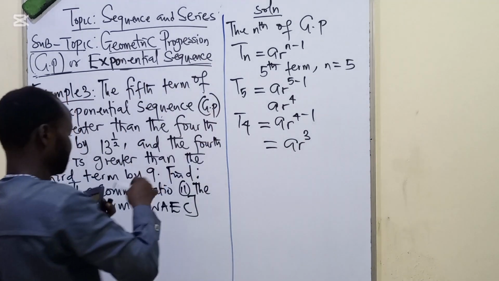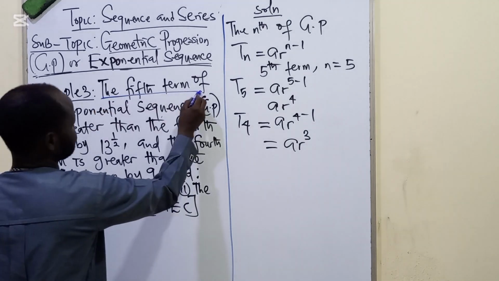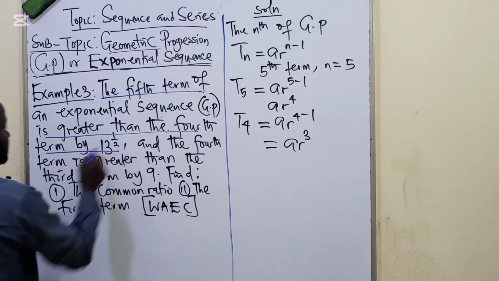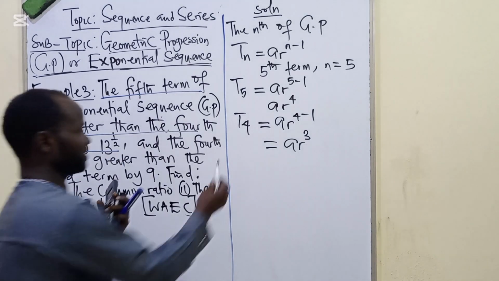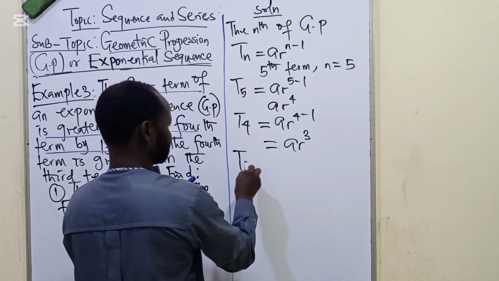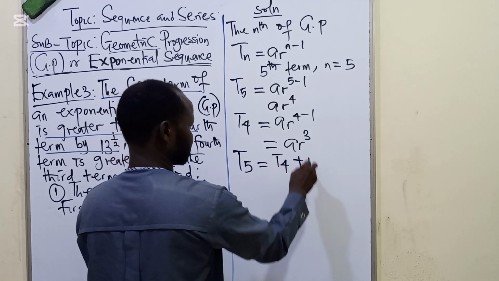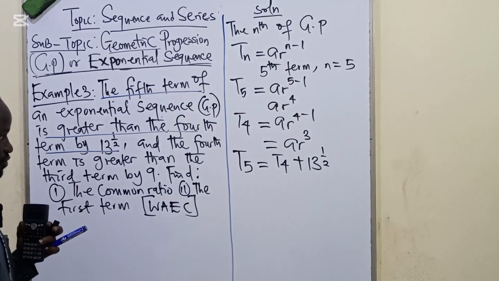From the question, this fifth term is greater than the fourth term by 13 and a half. So it means our T5 is equal to T4 plus 13 and a half. That's the interpretation.